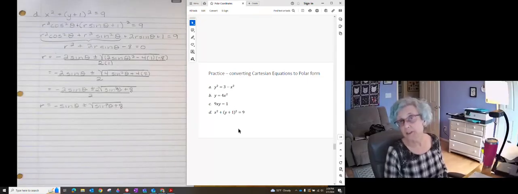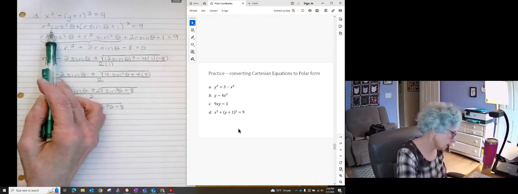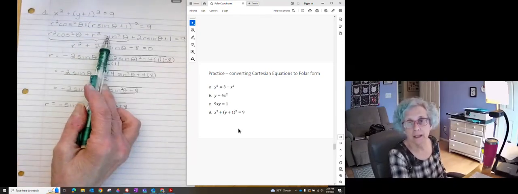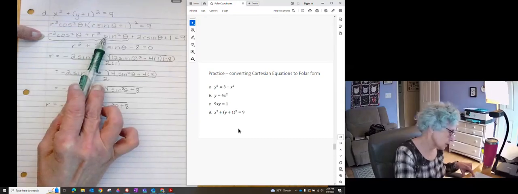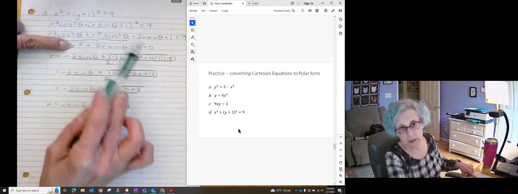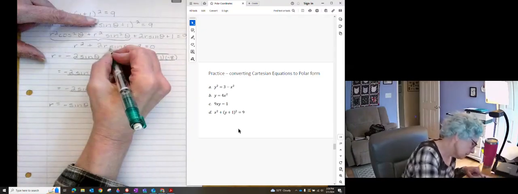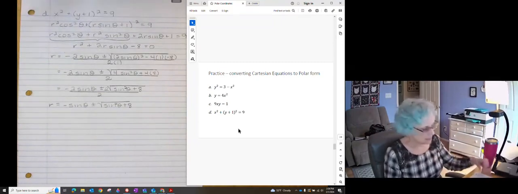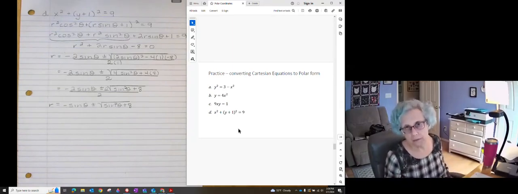This one was pretty challenging. So first thing I did was I replaced x and y with r cosine theta and r sine theta. Then I had to FOIL. Then I combined my r squared cosine squared, r squared sine squared, and made them just r squared because cosine squared plus sine squared is 1. And then I thought about trying to factor that, but that sine of theta got in my way. So I had to resort to the quadratic formula.